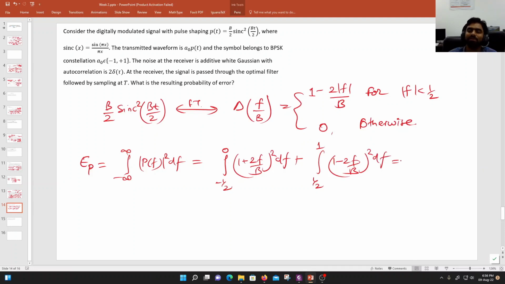Now we will solve this integral. Meanwhile, I am writing directly. I have already solved this integral and it is given by.